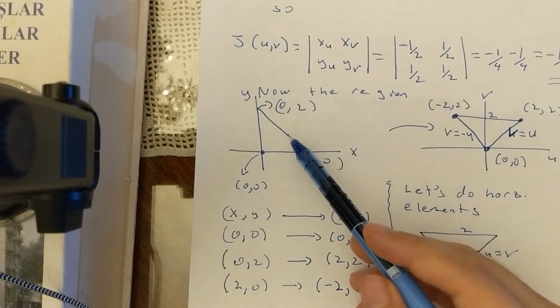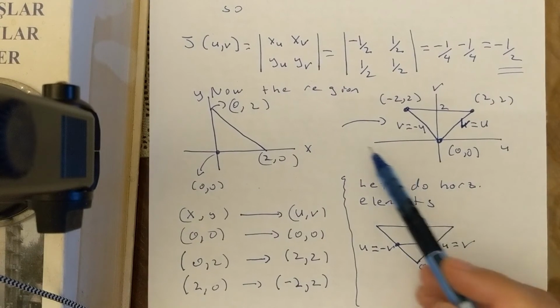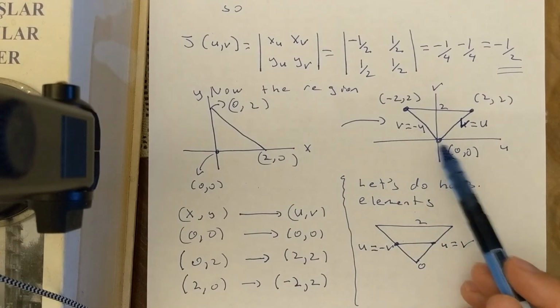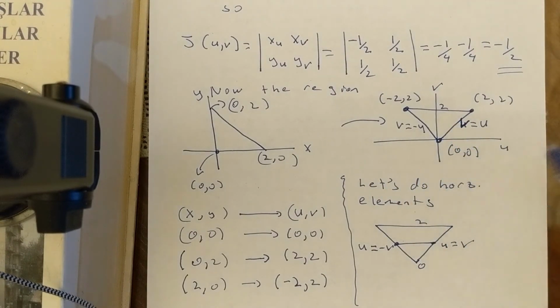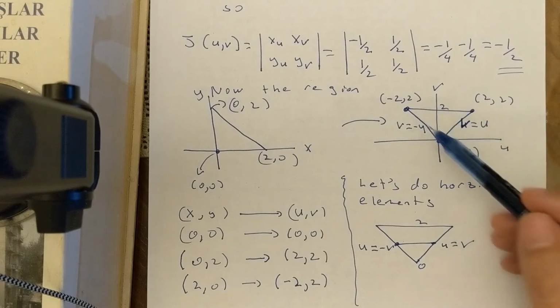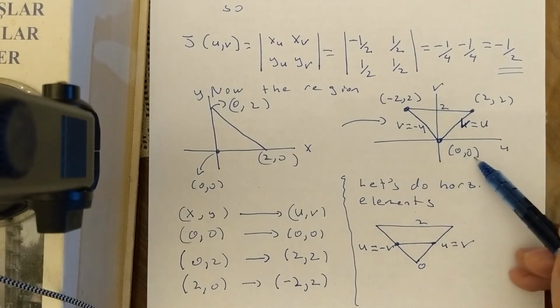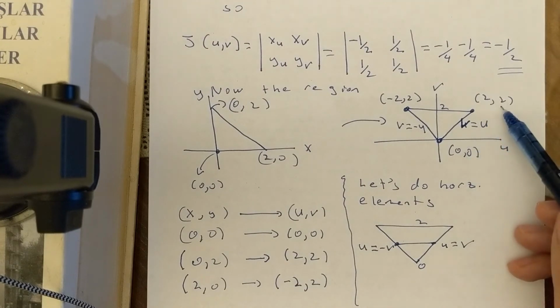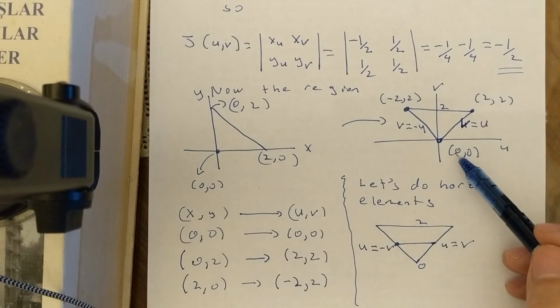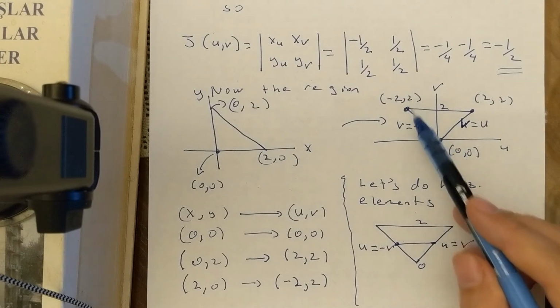So this triangular region in the xy plane went to a triangular region in the uv plane, but it was a different triangular region. The vertices 0, 0 went to 0, 0, okay? 0, 2 went to 2, 2, and 2, 0 went to minus 2, 2.